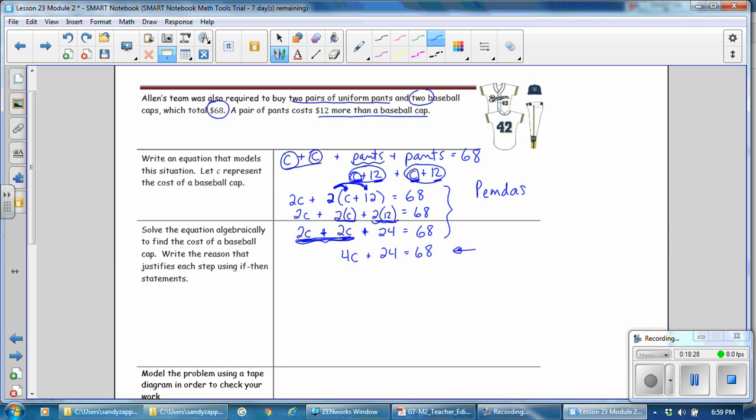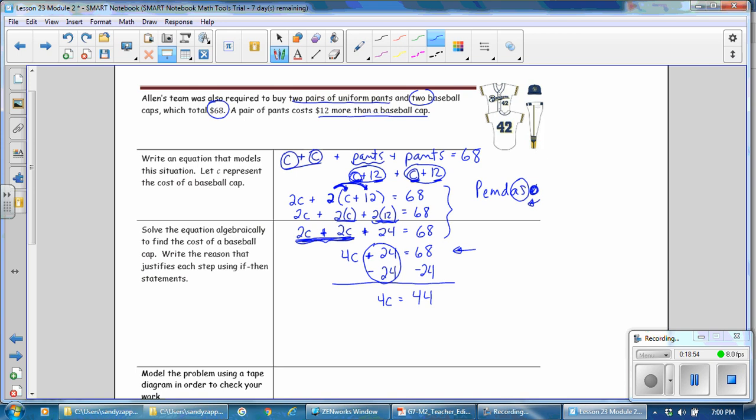So at this point, we use PEMDASO, and O means in the opposite direction, doing the opposite operation. So we undo addition and subtraction, and here we have addition, so we'll use subtraction. And we subtract 24 from both sides of the equation. This equals a 0 pair. Bring down your 4C. And 68 minus 24 is $44.